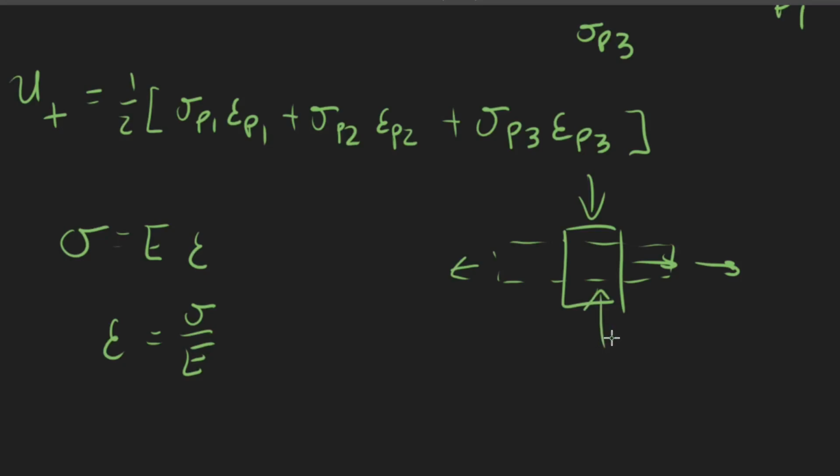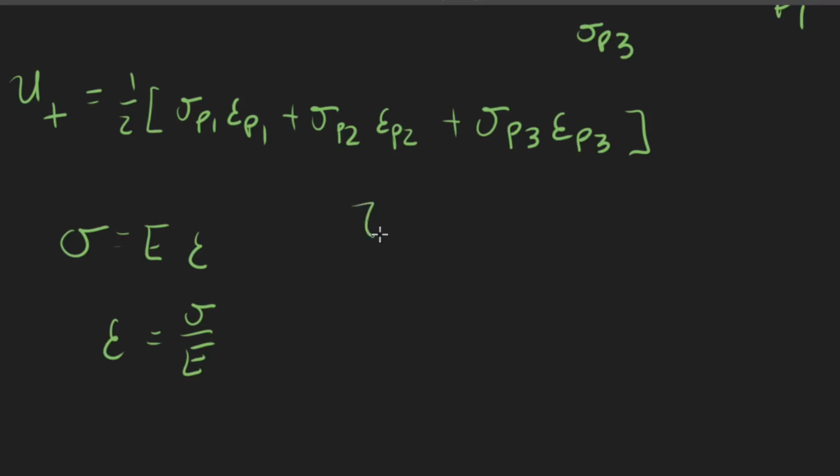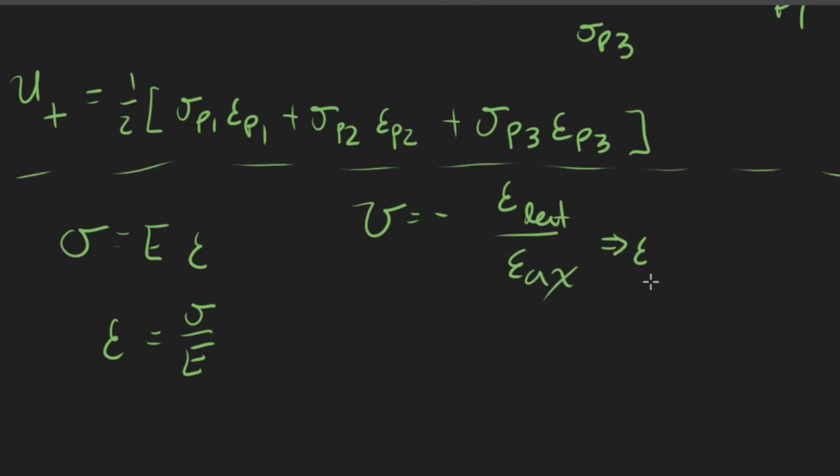And you're also going to have that in the third dimension. So basically we're going to have compression into and out of the page as well. And Poisson's ratio is the ratio between these. So Poisson's ratio, Greek letter nu, is equal to negative epsilon lateral over epsilon axial. Or another way to say this is that our lateral strain is going to equal negative nu times our axial strain. And we're going to have these in both directions.